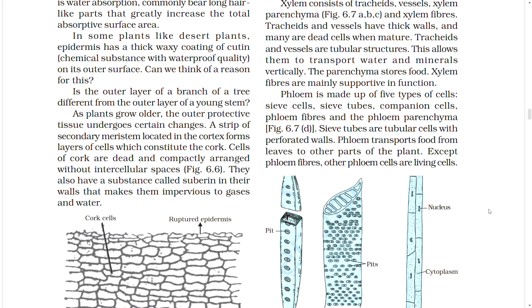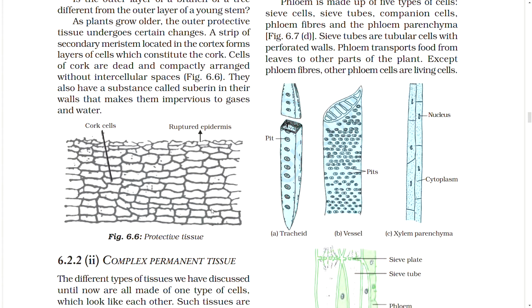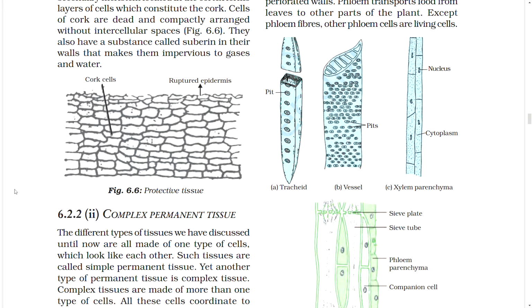Cells of cork are dead and compactly arranged without intercellular spaces. They also have a substance called suberin in their walls that makes them impervious to gases and water. Figure: protective tissue, cork cells, ruptured epidermis.